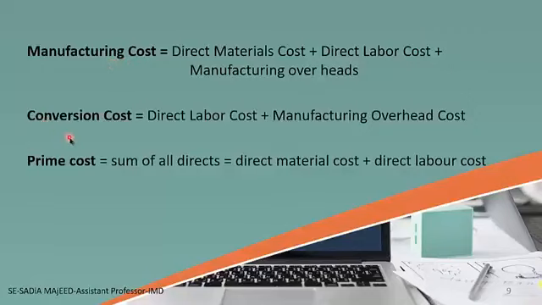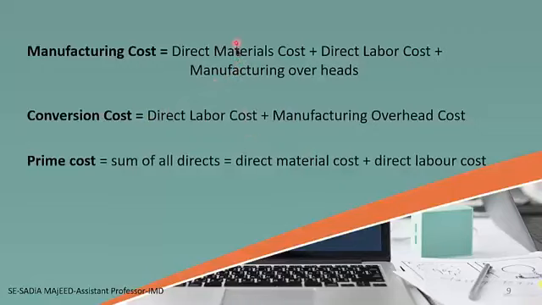Conversion cost. Conversion cost is basically the cost of converting a raw material into the final product. So conversion requires direct labor and manufacturing overheads. We will not include direct material in the conversion cost because the material is what is being converted into the final product.